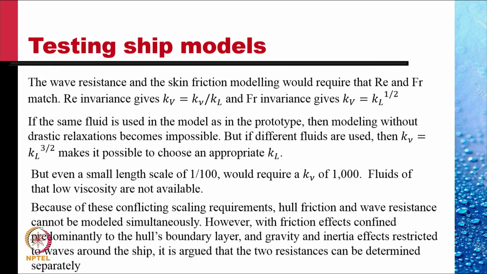Because of these conflicting scaling requirements, the hull friction, which is the skin friction, and the wave resistance cannot be modeled simultaneously. However, with friction effects confined predominantly to the hull's boundary layer and the gravity and inertia effects restricted to the waves around the ship, it is argued that the two resistances can be determined separately.